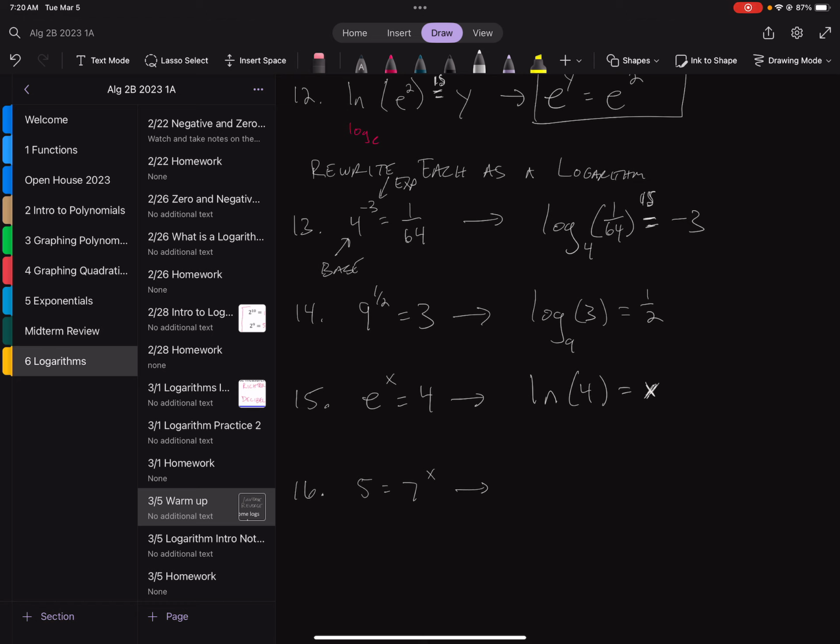And then lastly here, we'll say log base 5 of something is the exponent, which is x. Oh, wait, I messed that one up. It's log base 7, right? Because the base is here. I switched the equation around. So log base 7, and so the exponent of base 7 is x. That's how I write that, and then I put the 5 in there.